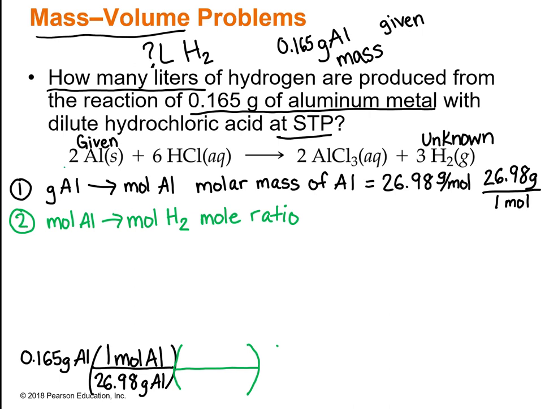So we're actually going to go to the balanced equation, and we see that there's 2 moles of aluminum in the balanced equation, and that's going to go at the bottom. See how there's 1 mole of aluminum at the top, and then we have moles of aluminum down at the bottom? Those two are going to cancel, and that's what we want.